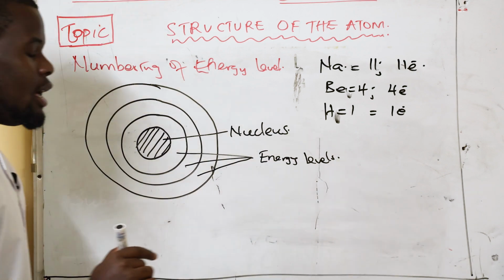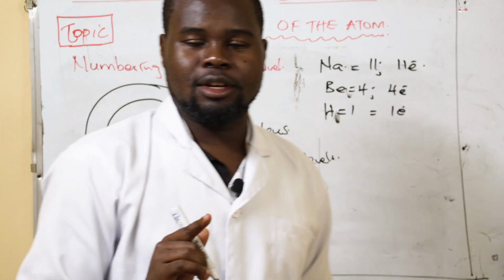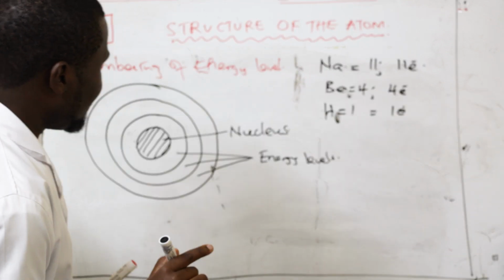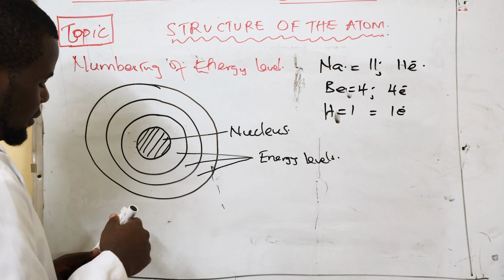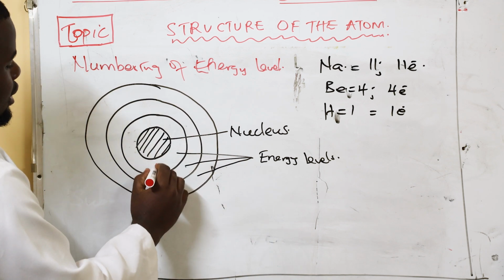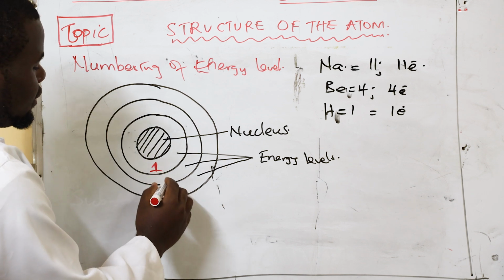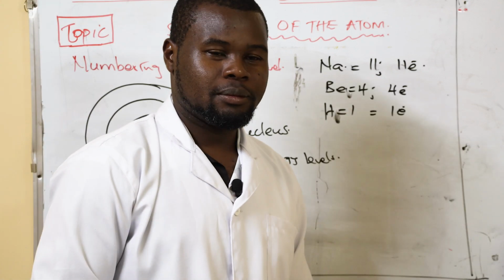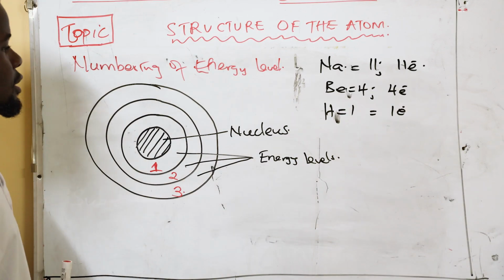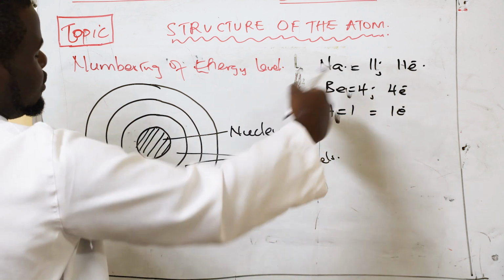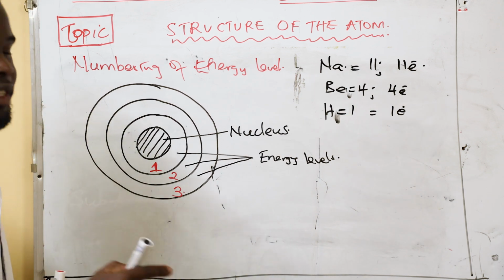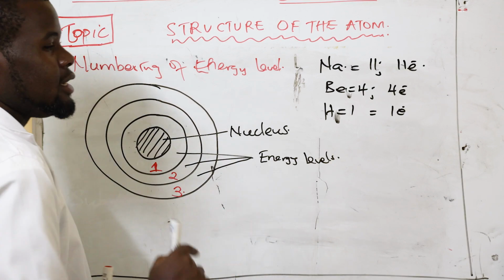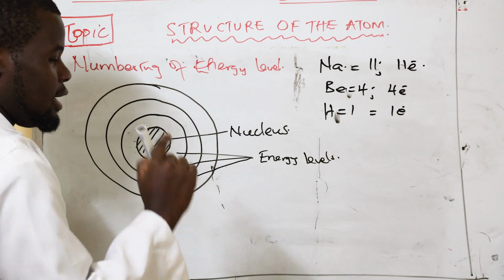Very important. When numbering energy levels, we start with the one that is closest to the nucleus. So if you look at these energy levels that I have here, the one that is closest is the first one, it is here, followed by this one, and lastly we have that number 3. So if in any case you are supposed to distribute these electrons within the structure of an atom, we start from the first energy level, we move to the second energy level, and lastly the third energy level.